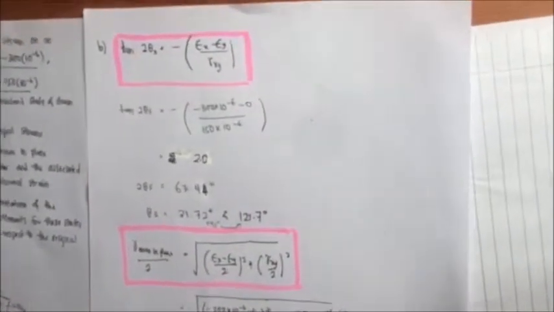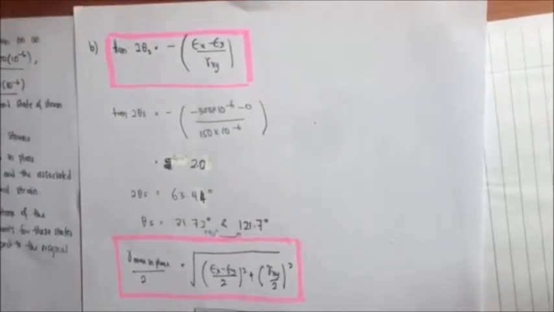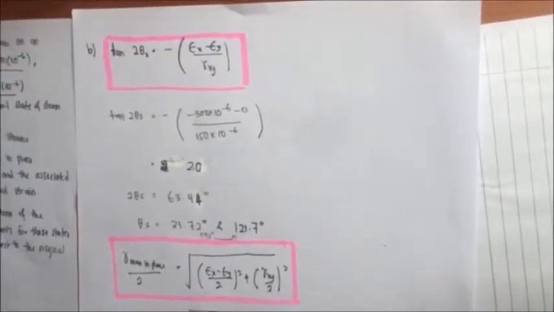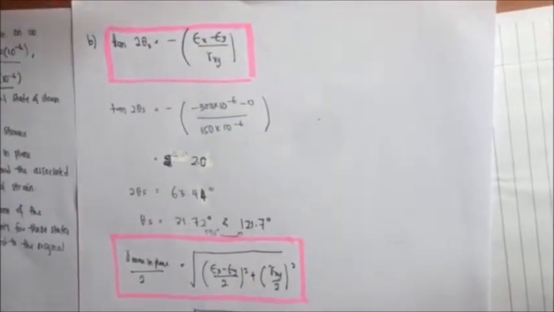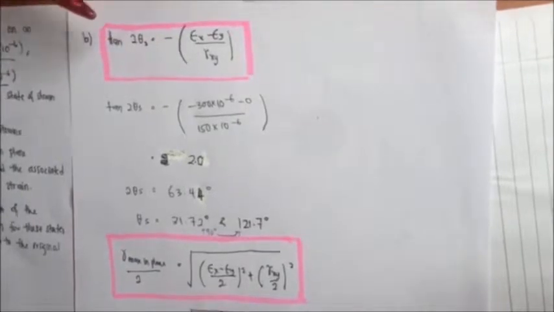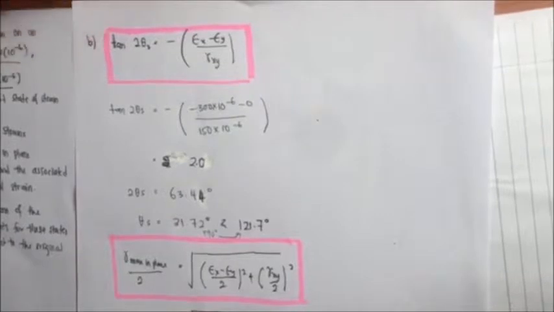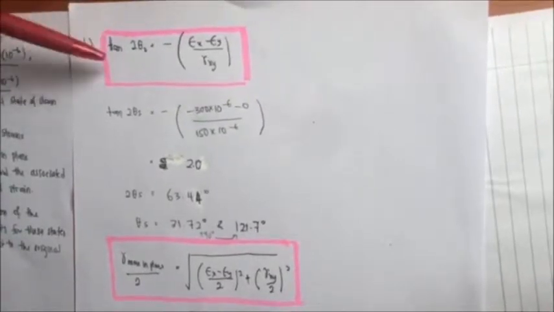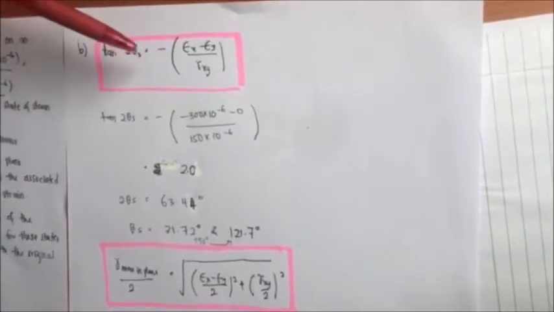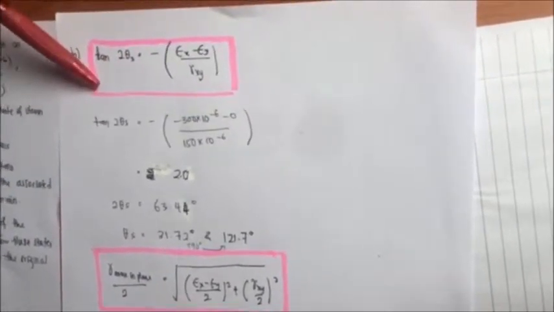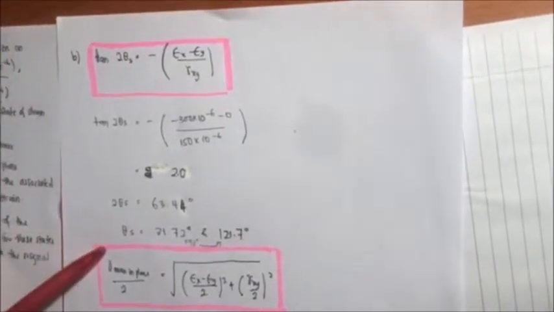For the maximum in-plane shear strain, it's just the same step as the first question. You can refer to the formula from the book, the 9th edition Hibbeler book, and substitute the given information into the equation and you get the answer directly.